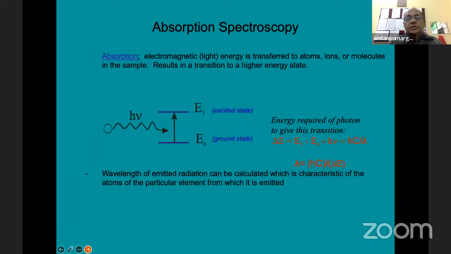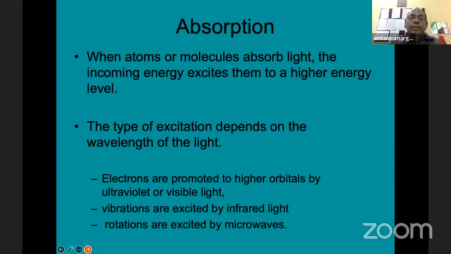Having said this, when atoms or molecules absorb light, the incoming energy excites them to a higher energy level that we have already studied. And the type of excitation depends on the wavelength.